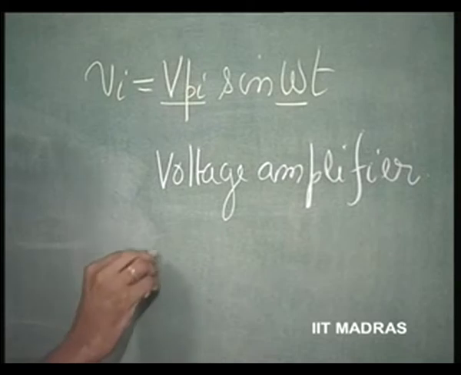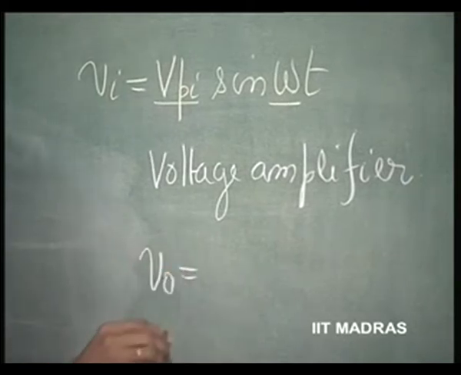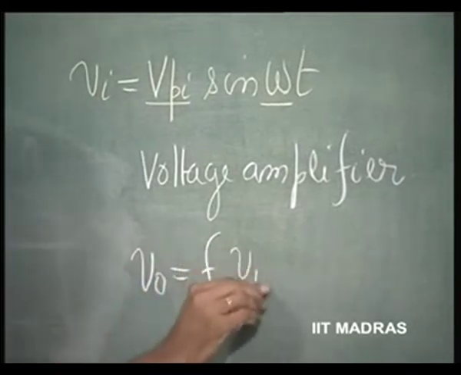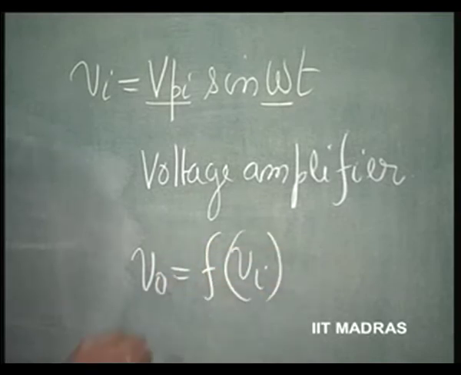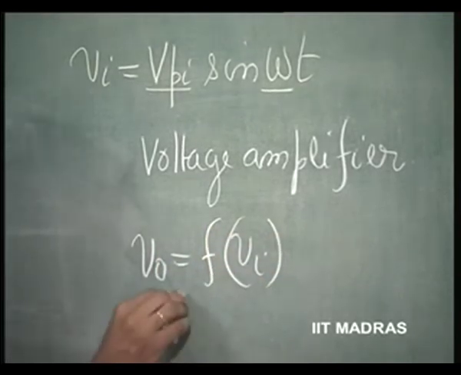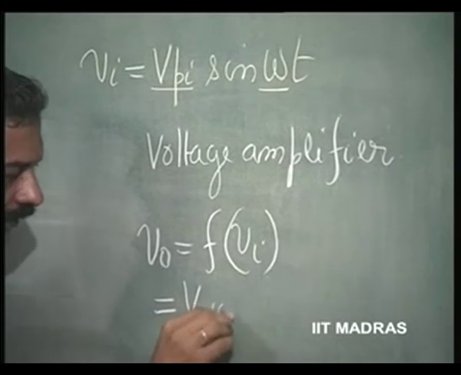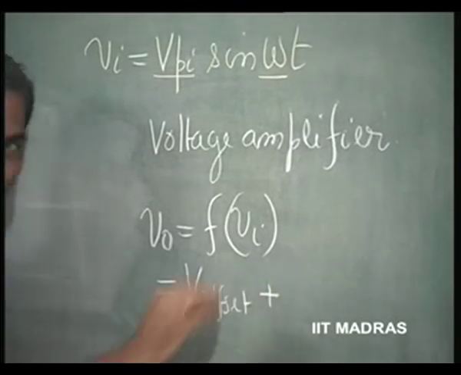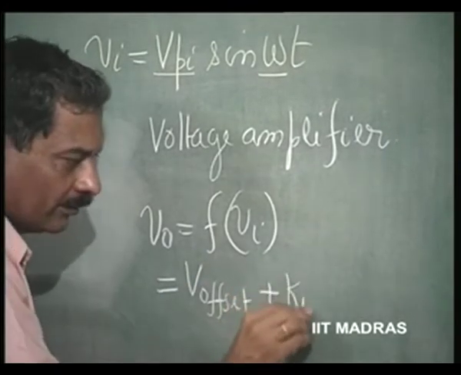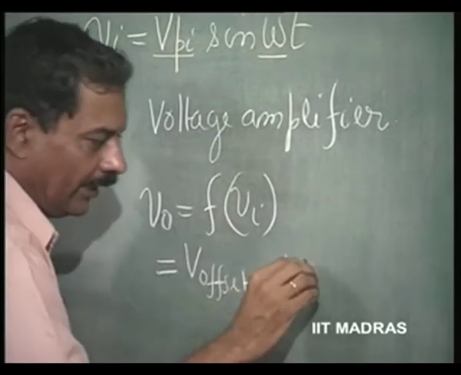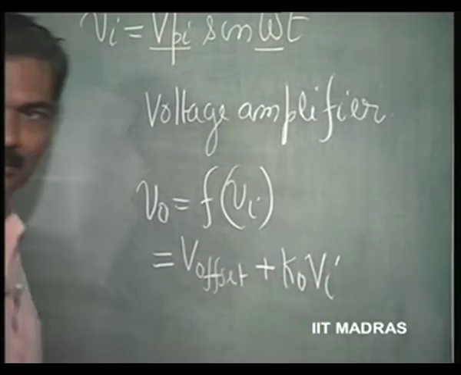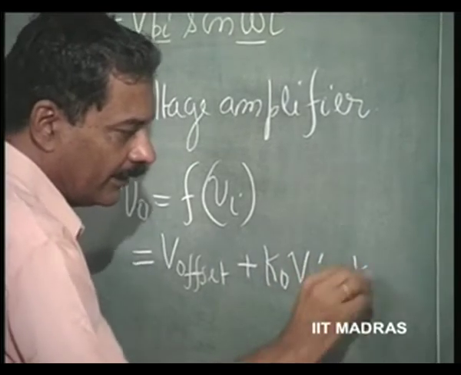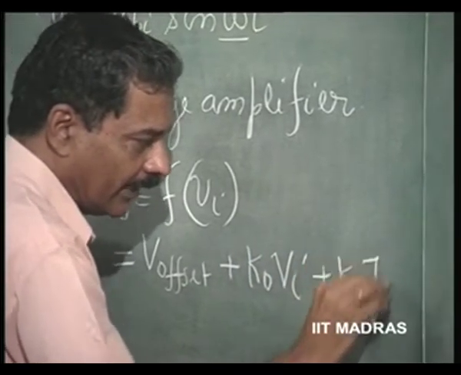Which means that V naught is a function of V I. I told you this is going to be represented as V offset, which is independent of V I, plus K naught into V I plus K 1 into V I squared.